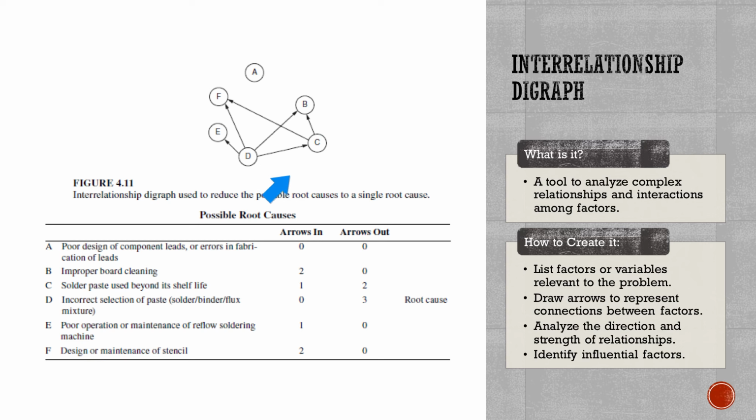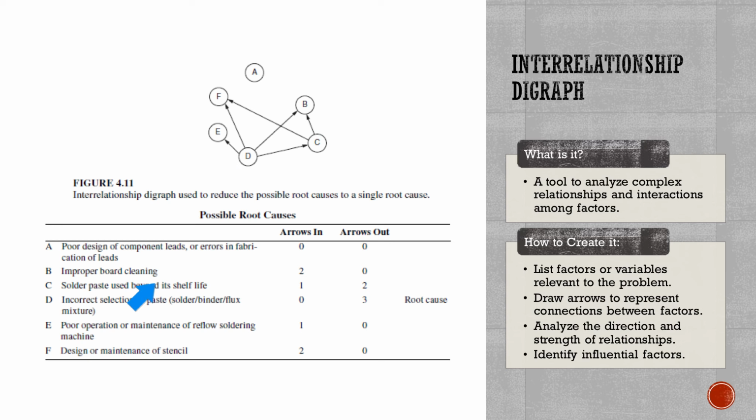As you can see here, D, which is incorrect selection of paste or soldering, will result in E, because the arrow comes from D towards E. So D, incorrect selection of paste, will result in poor operation or maintenance of the soldering machine, and then from D also will result in F.